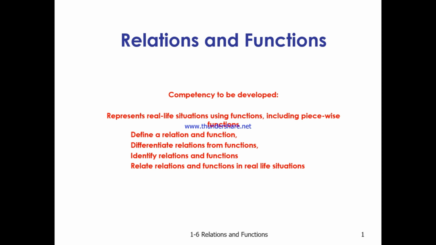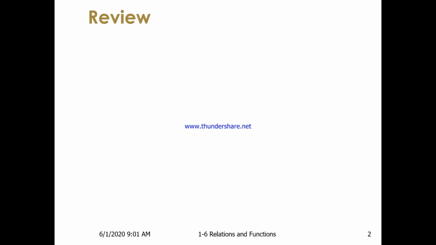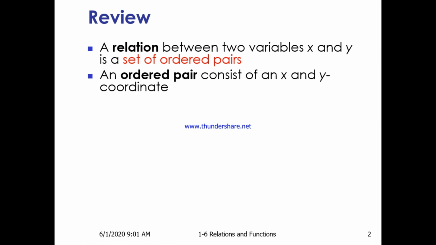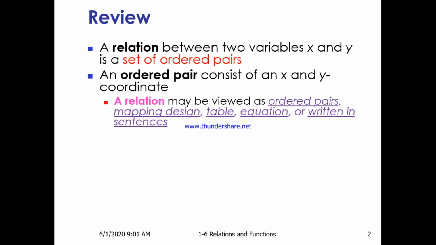Okay, so to start, we'll have to review first. As a review, we'll go back to the definition of a relation. It says that a relation between two variables x and y is a set of ordered pairs. An ordered pair consists of x and y coordinates. Later, I will be showing you an example of an ordered pair.